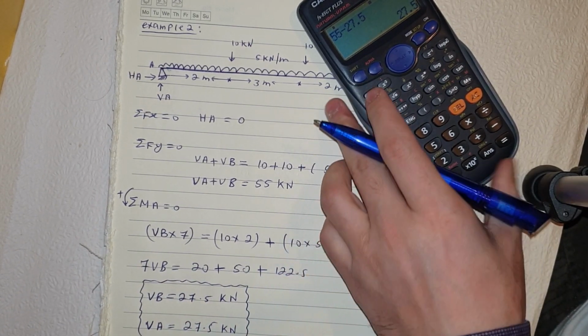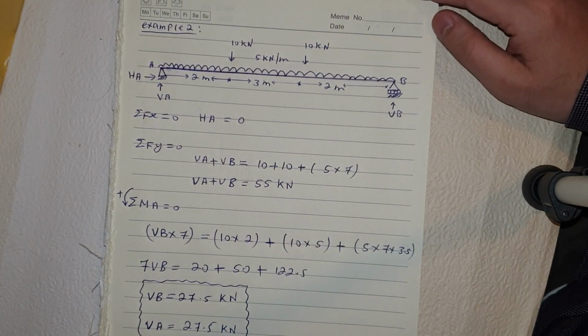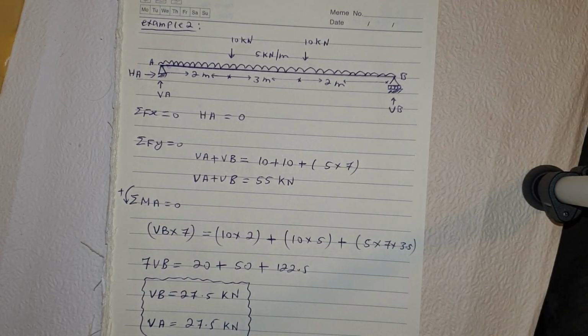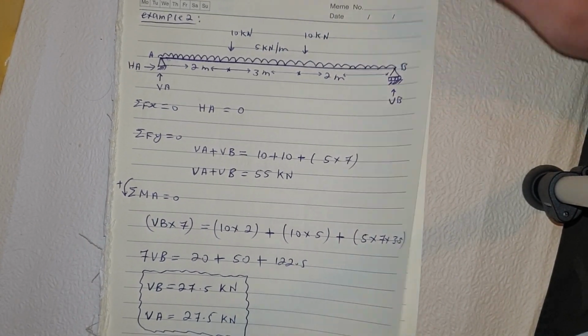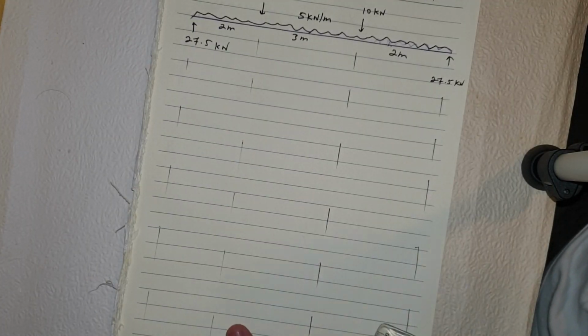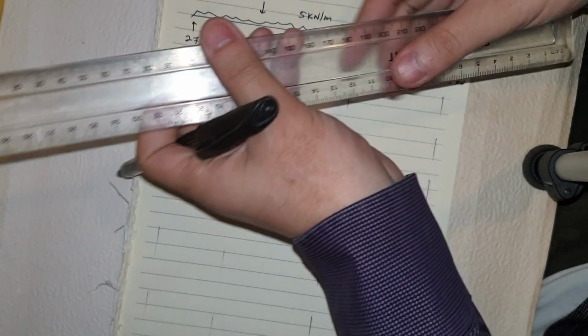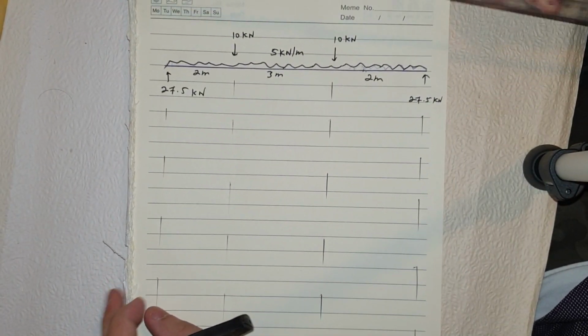So that's the value of my VA and VB. So now I will draw the shear force diagram and bending moment diagram of this UDL beam. So now I'm going to draw my shear force diagram first.